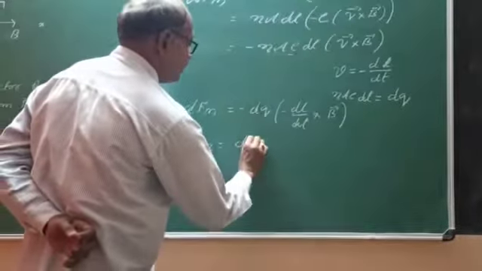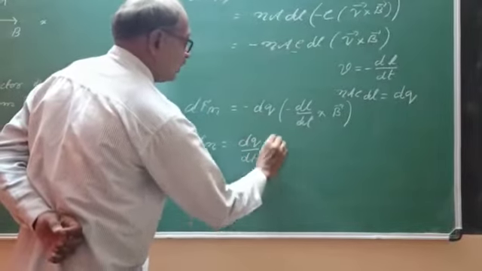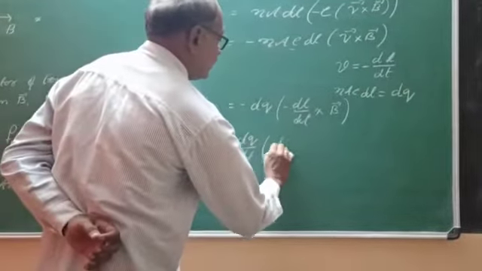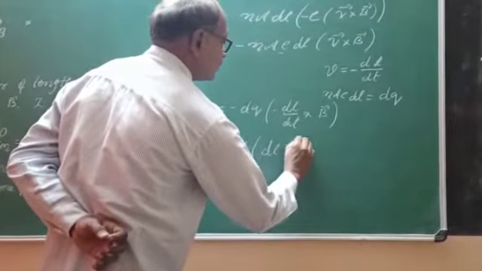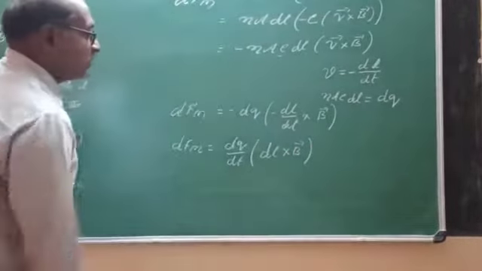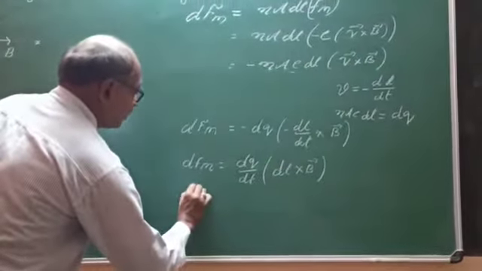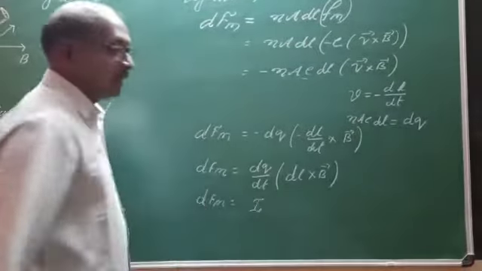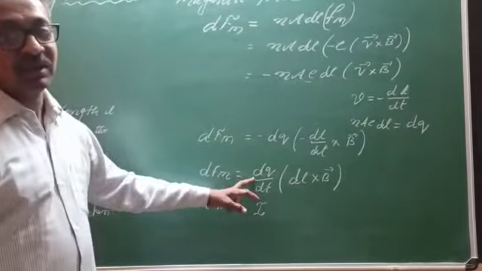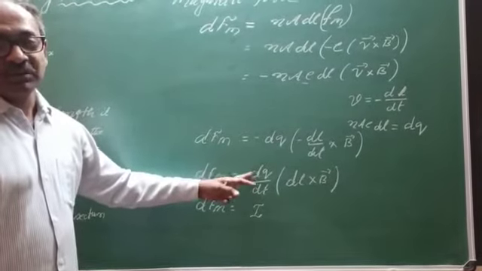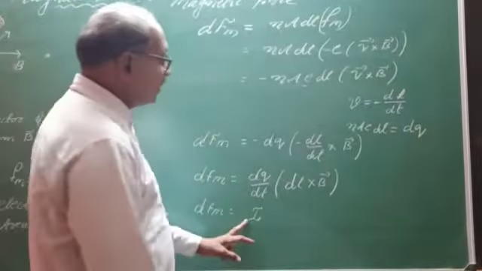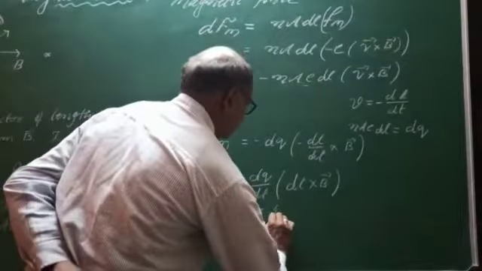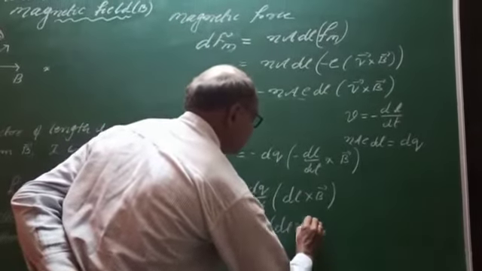So dq by dt into dl into B. What is dq by dt? You already know that. That is I, the rate of flow of charge. So dF_m is I dl into B.